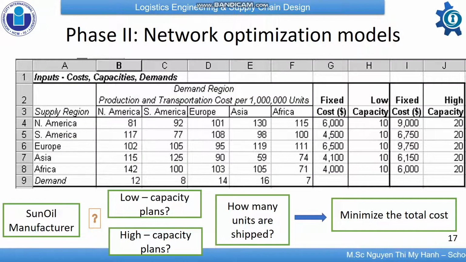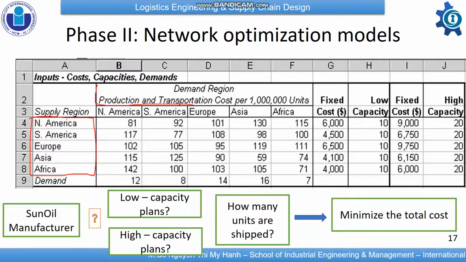So let's look at this example. The Sun Oil manufacturer has demand regions in 5 regions: North America, South America, Europe, Asia, and Africa. And the supply region is also 5 regions.